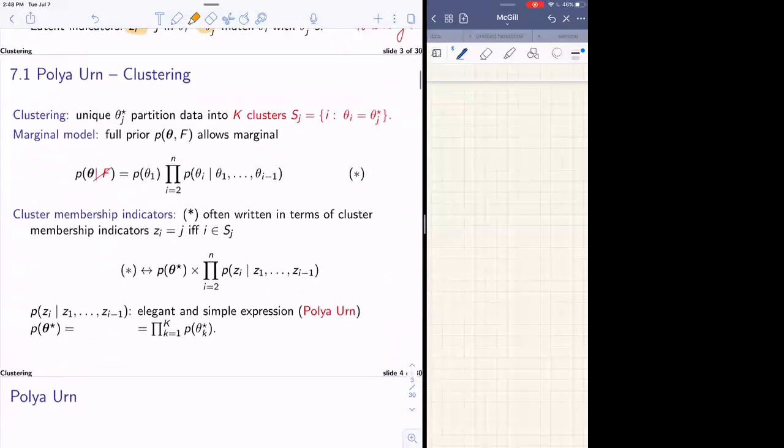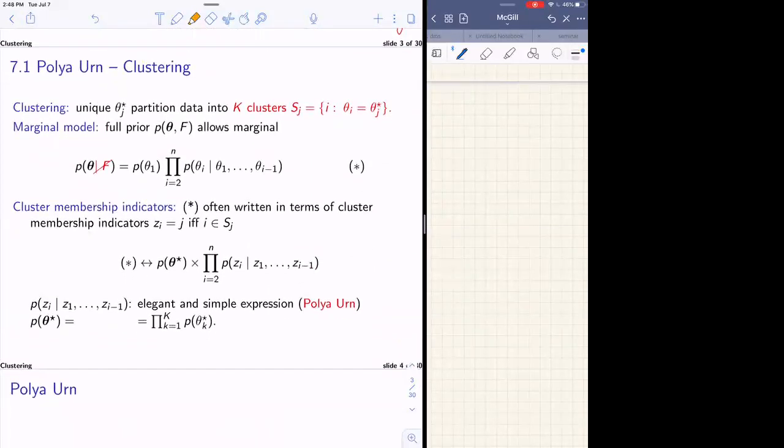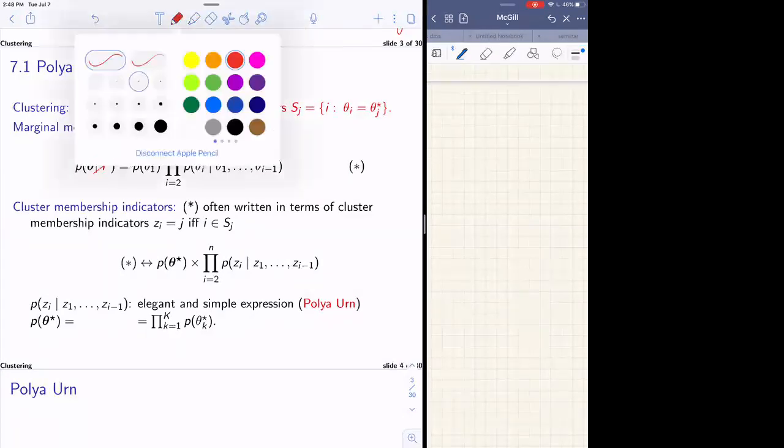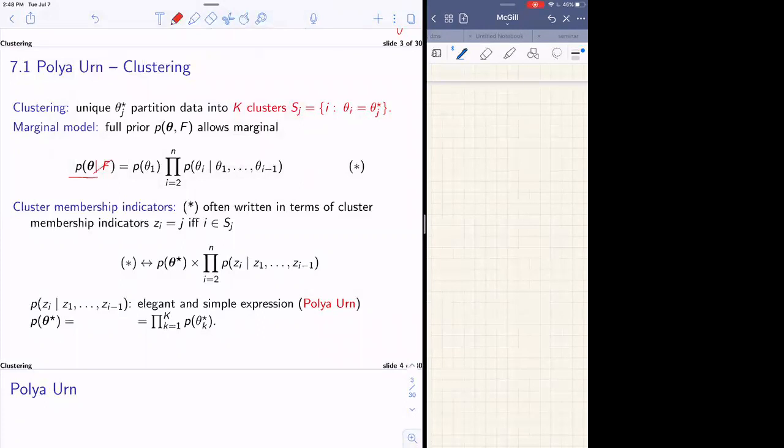And I told you already yesterday that something special about the Dirichlet process is that we can actually spell out the joint distribution of the theta i's, marginalizing the F. When you come to think of it, it's a very important thing for implementation, because the F is the unknown distribution.